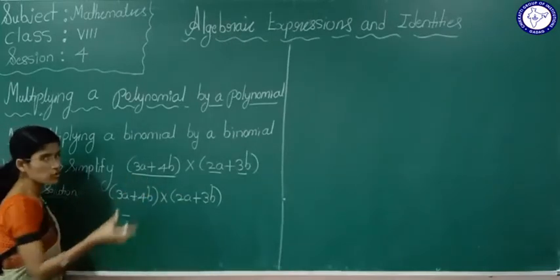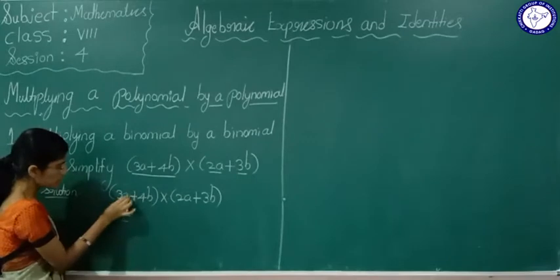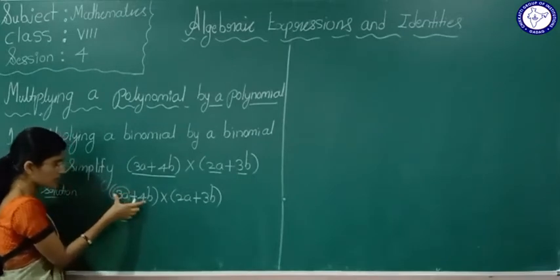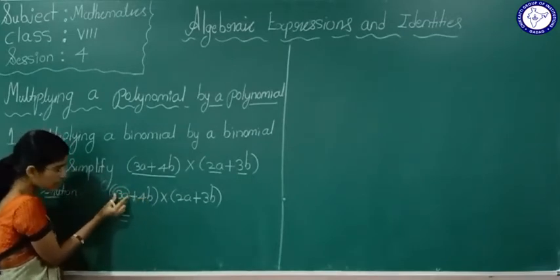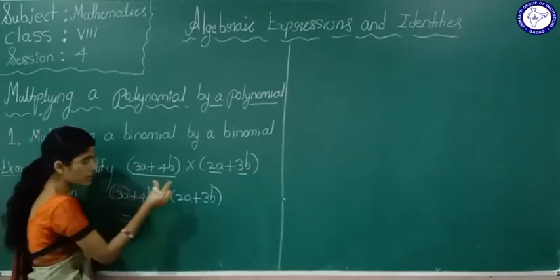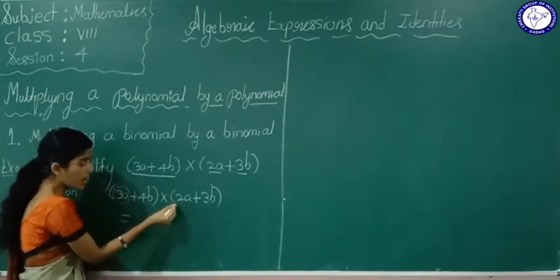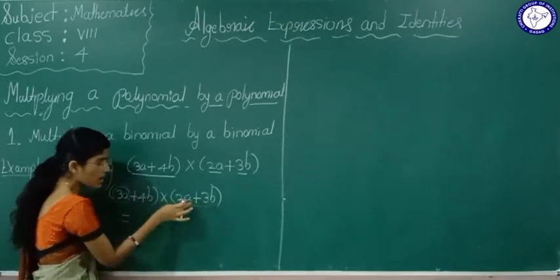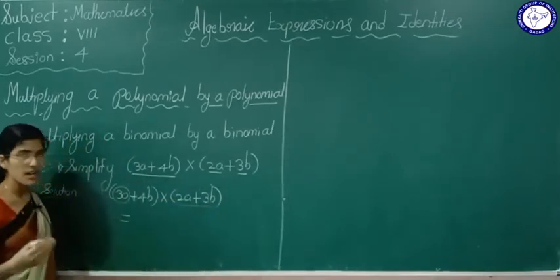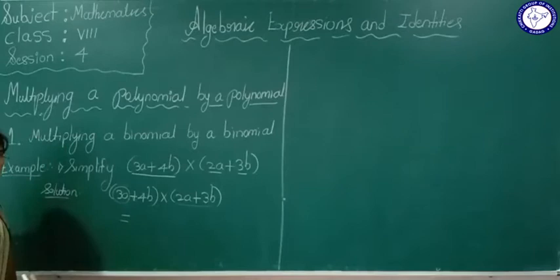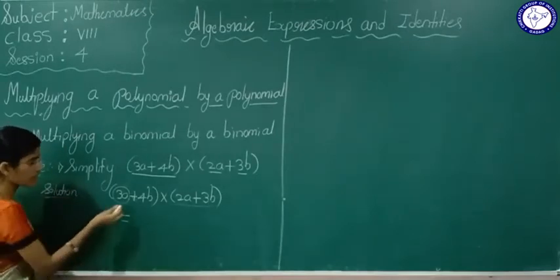Take any one term. Suppose I am considering this term. Each term of this binomial you have to multiply with each term of the other binomial. Now see what I am explaining.